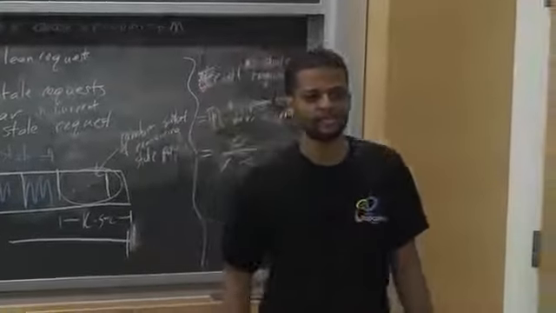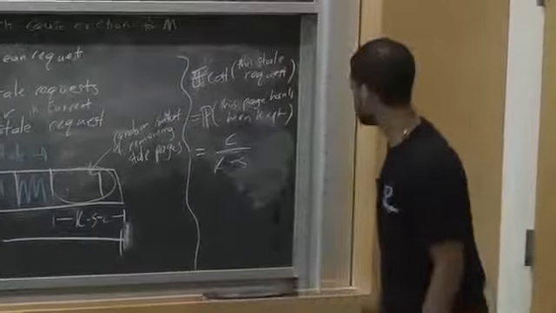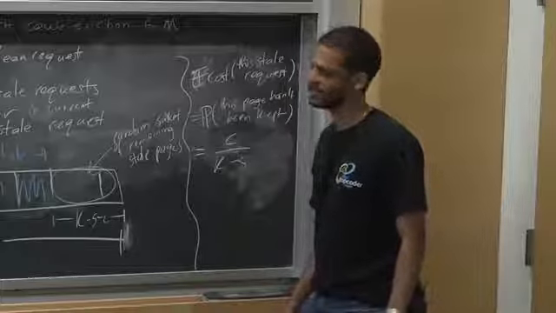Sorry, say it again. That would be equal to 1 minus k minus s minus c over k minus s. Because there are only like k minus s stale pages remaining, right? Yeah, that's exactly. Okay, good.